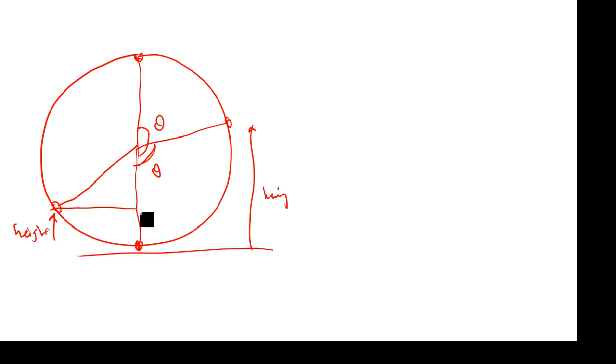So that's my first step. I draw a picture and I try to form the idea. I know that when theta equals 0, height must be equal to 0. When theta equals 180 degrees, height must be 2r. So that's my first step: I construct the boundaries first. This is a skill.